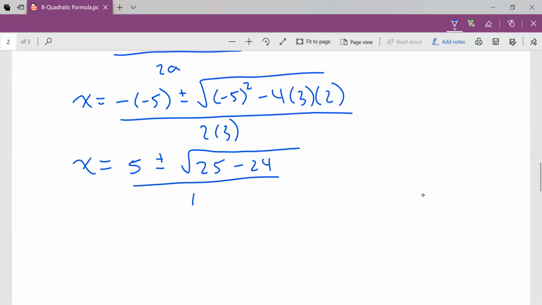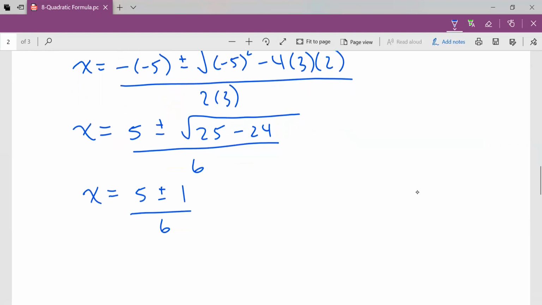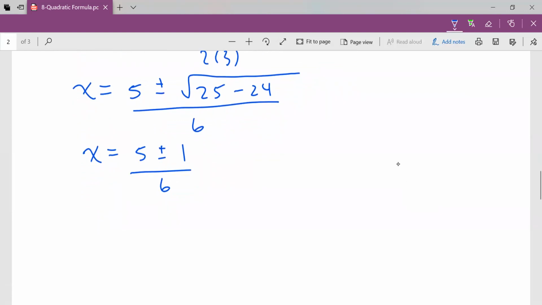And you're going to find a lot of times in 20-1, we don't need to use a calculator. Plus or minus, well, 25 minus 24 is 1, and the square root of 1 is 1. And so what we do here is we end up with two answers. We end up with the positive 1, or we end up with minus 1.